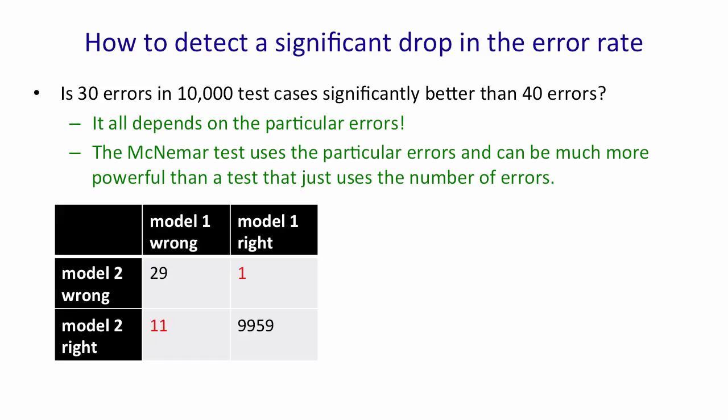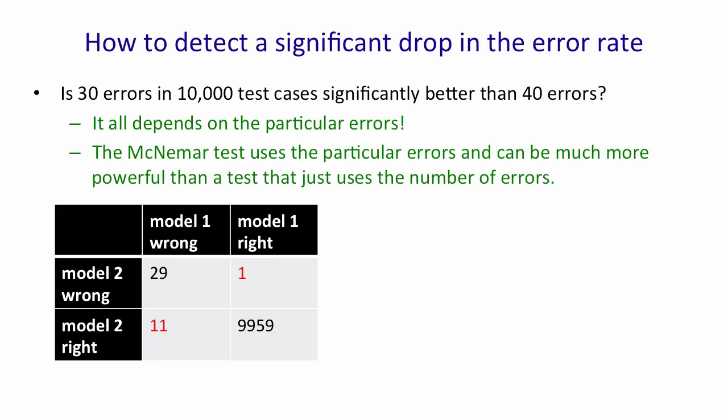If you look at this 2x2 table, it shows you in the top left-hand corner how many examples Model 1 got wrong and Model 2 also got wrong. That's 29. And in the bottom right, it shows you how many examples Model 1 got right and Model 2 also got right. And in the McNemar test, you can just ignore those numbers in black.